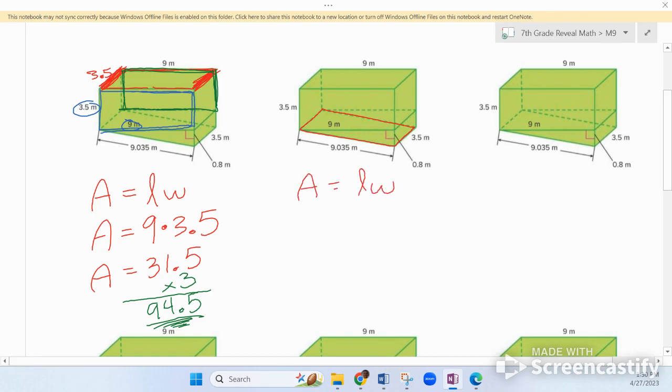Give me the dimensions. Who wants to help out with the dimensions of that rectangle? Dimensions of this rectangle here. The bottom of the shape down here.